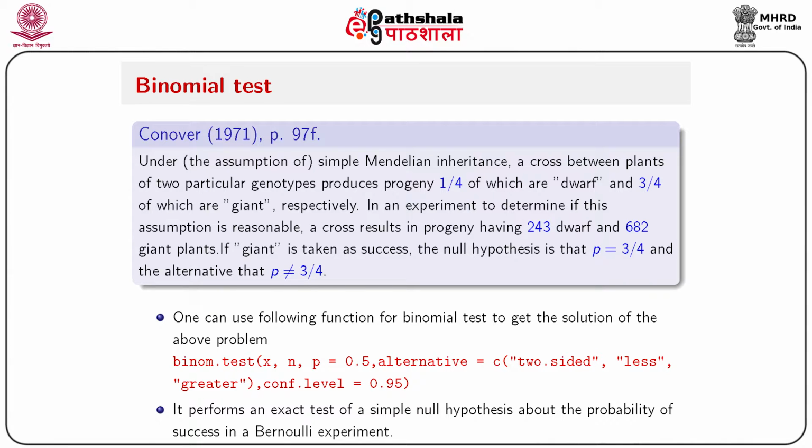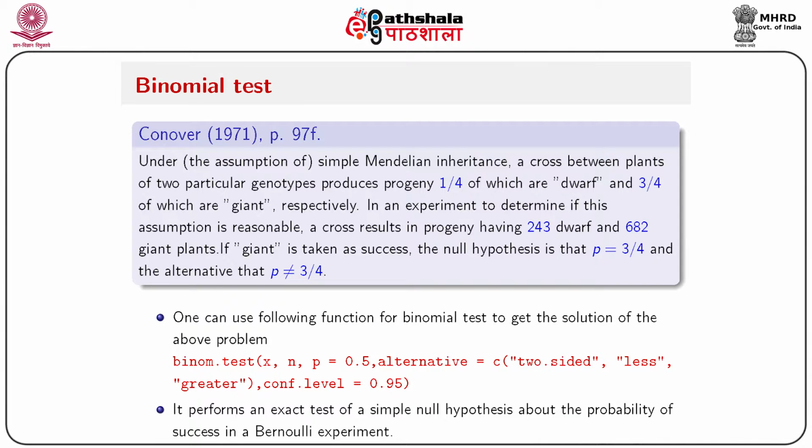Under simple Mendelian inheritance, a cross between plants of two particular genotypes produces progeny, 1/4 of which are dwarf and 3/4 of which are giant, respectively.